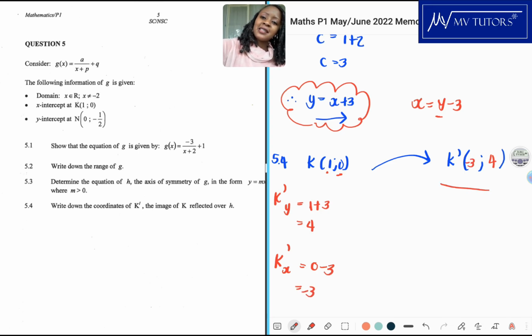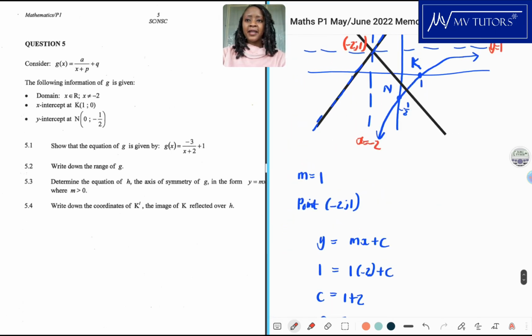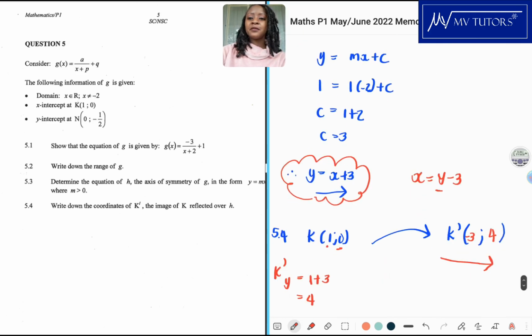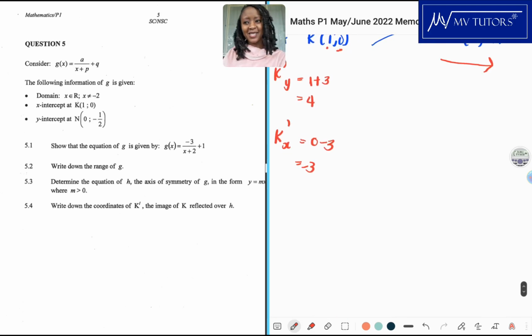So this is my answer. Looking at it, -3 is smaller than -2, so that makes sense. And 4 is close to 3, just 1 unit above. I'm confident in my answer.